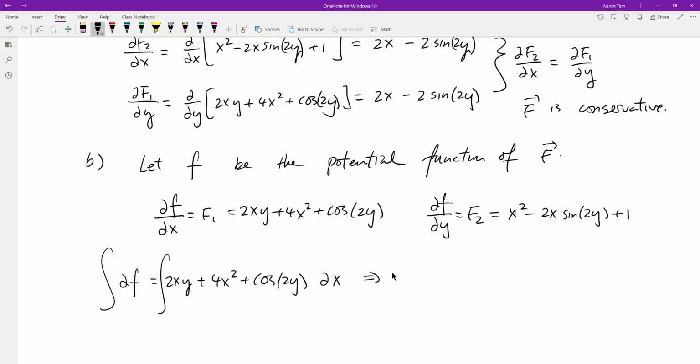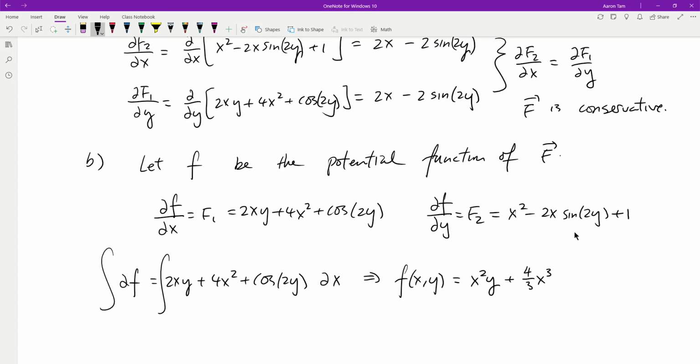So if I do that, on the left side I have f of xy. On the right side, I have to integrate everything with respect to x. So 2xy becomes x squared y. 4x squared becomes 4/3 x to the third.